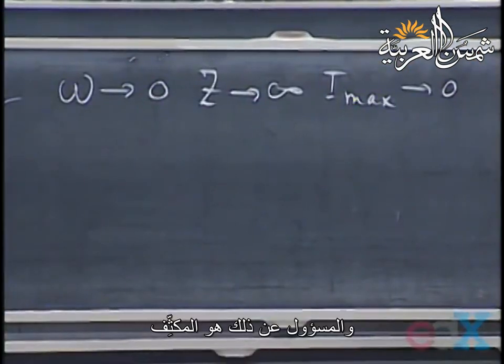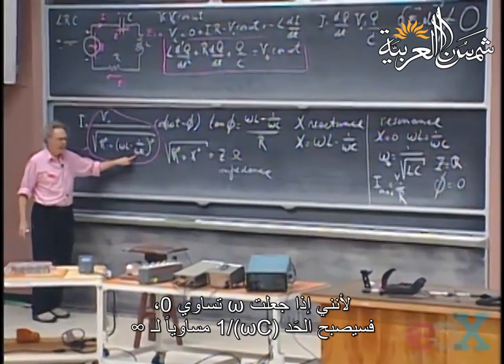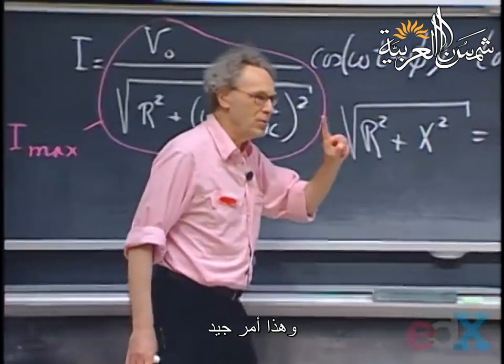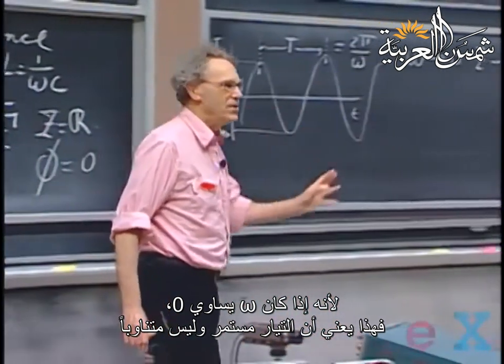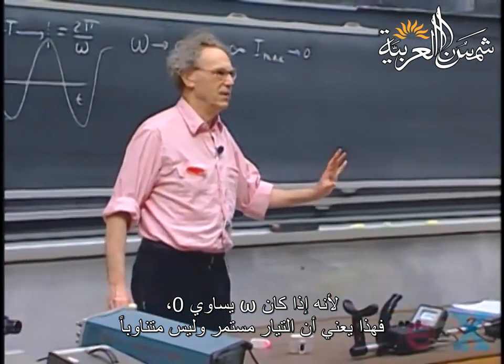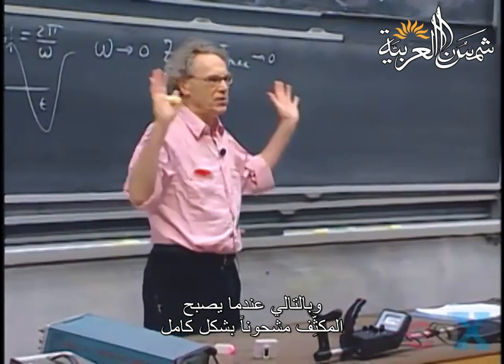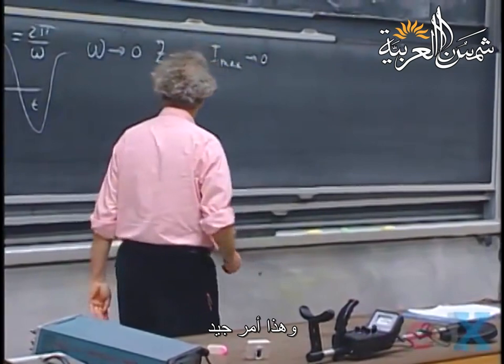And the one responsible for that is the capacitor. Because if omega goes to 0, this goes to infinity. And that's intuitively pleasing, because omega 0 really means you have no AC anymore, you have DC. And with DC, you charge up the capacitor, and when it's fully charged, no current can flow anymore.